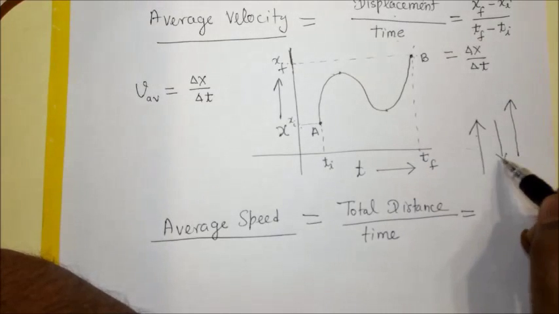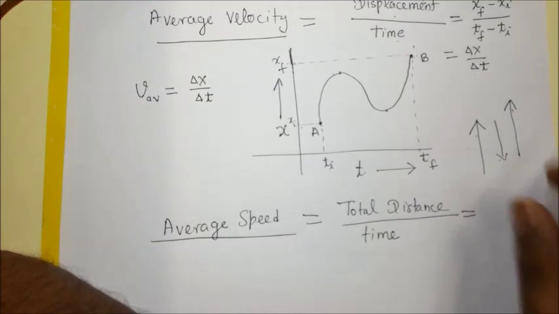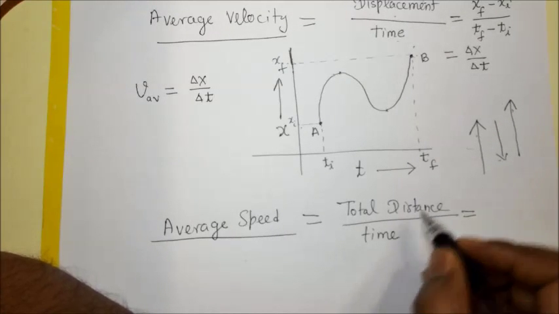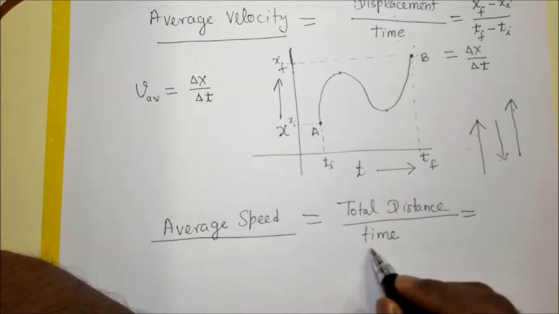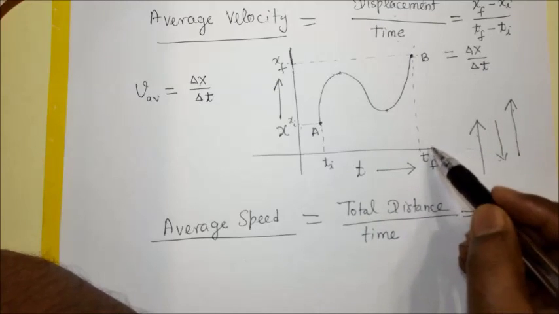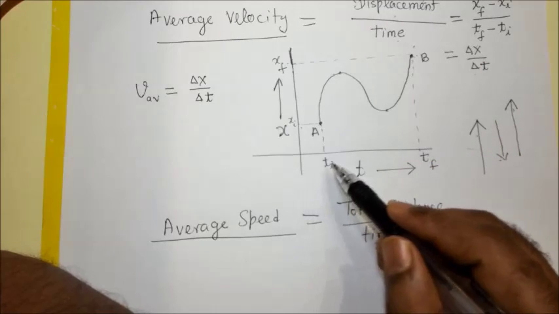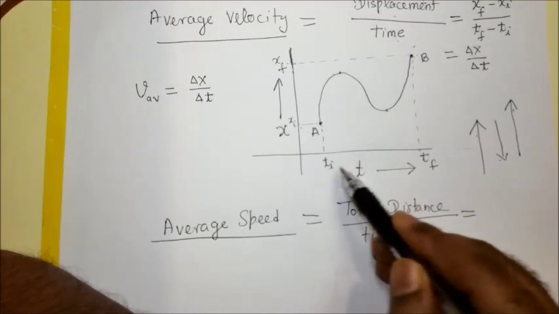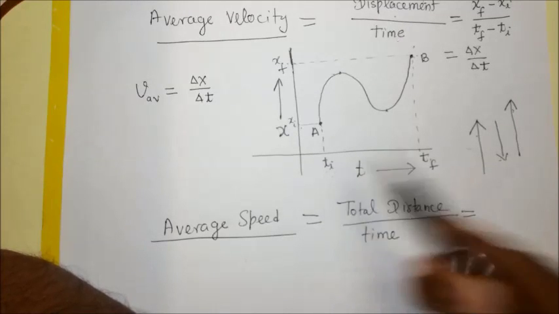So add forward, backward, forward, all these distances together, and this will give you the total distance. Now time is, again, the total time in between, how much time it takes, that is t final minus t initial.